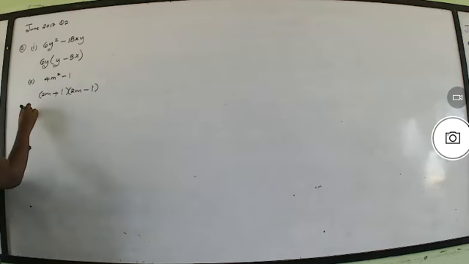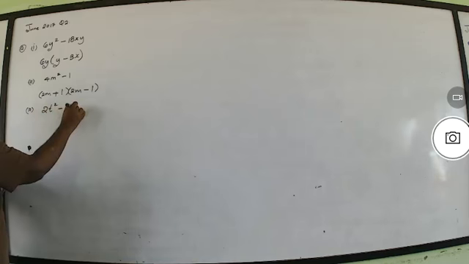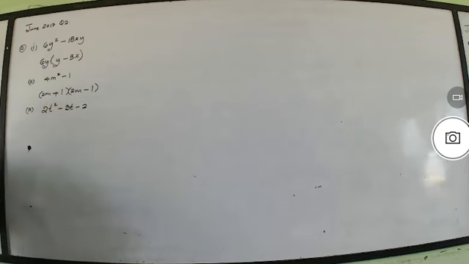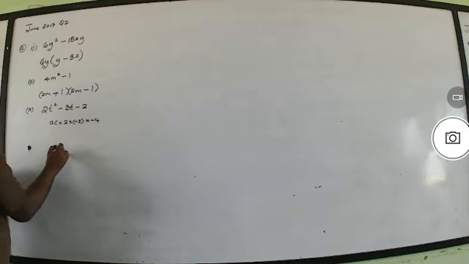Triple I. We have 2t squared minus 3t minus 2. This is a quadratic expression. To factorize it, we're going to use the ABC method. First thing is AC. This is 2 times minus 2, minus 4.